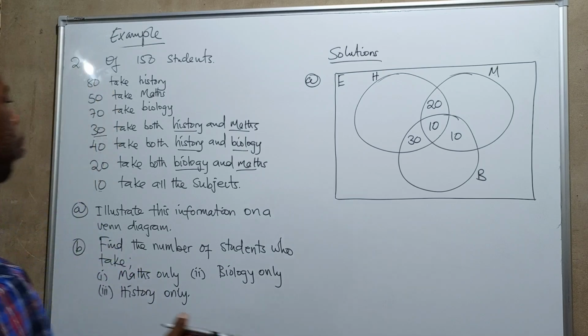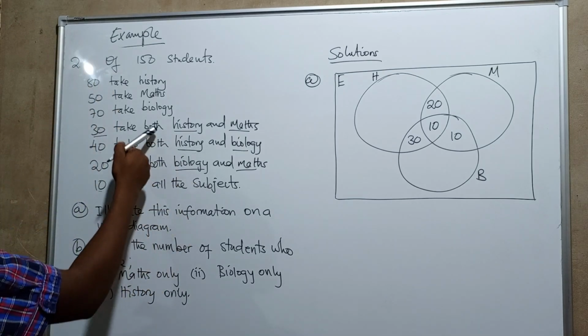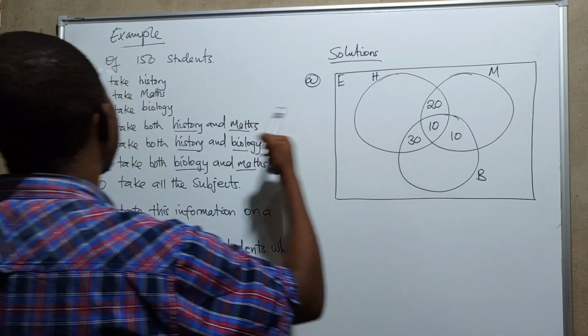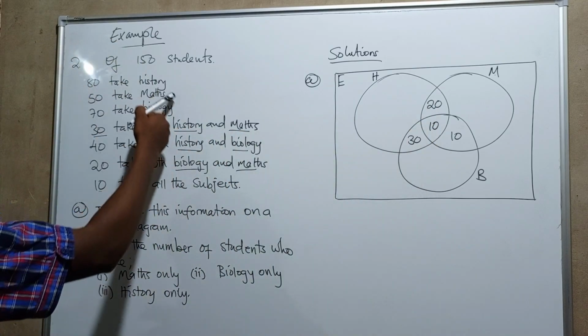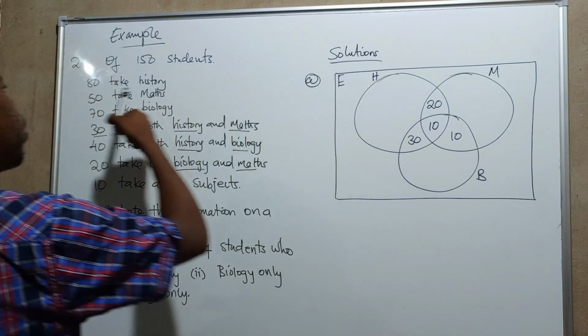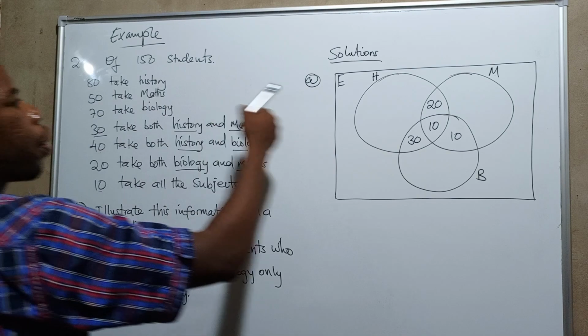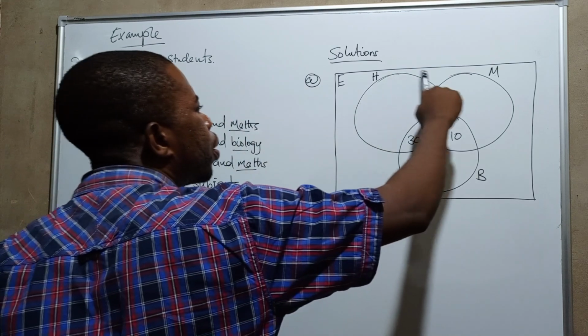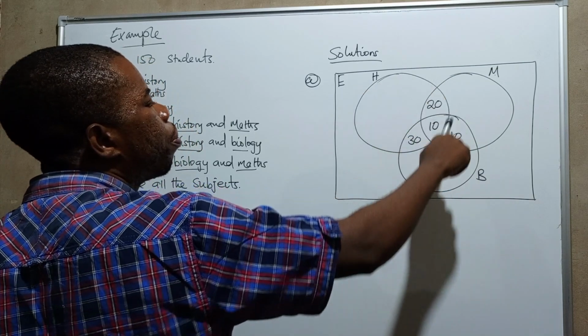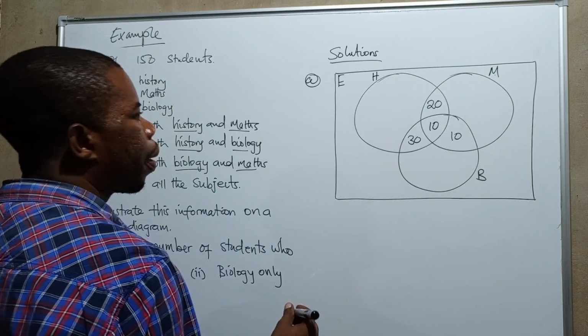Then after you do this, you are done with these four parts. You come to the ones which are remaining. So you come to history. It was supposed to be 80 in history.